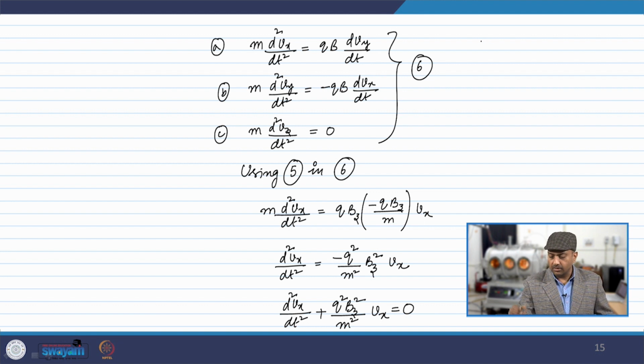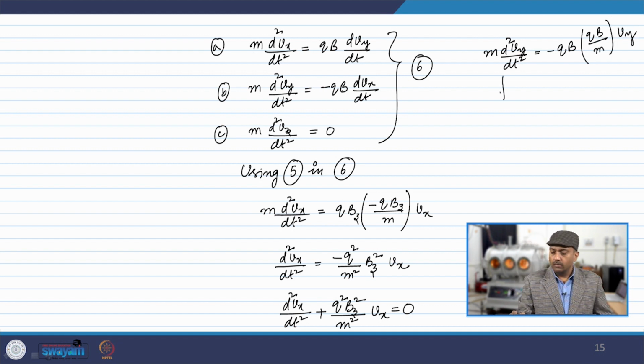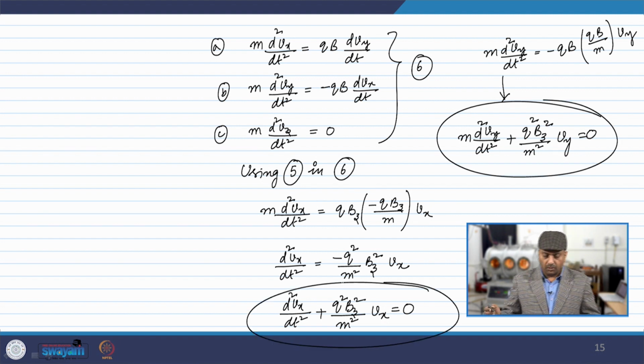If we do the same, m d square Vy by dt square is minus qB times qB by m Vy. This can also be written as m d square Vy by dt square plus q square Bz square by m Vy is equal to 0. We have these two very important equations.